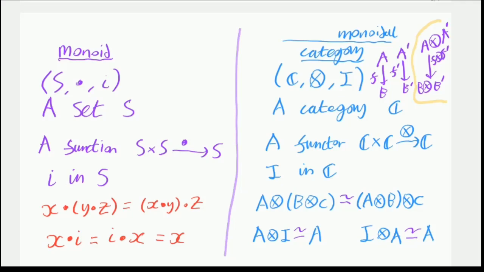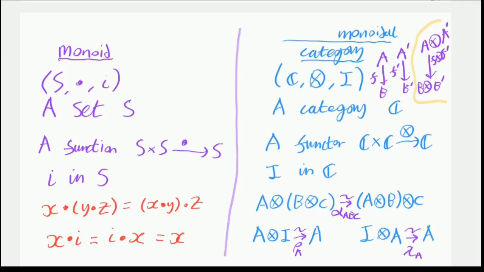And so this isomorphism from I times A to A, we have a name for it, and we normally call that lambda subscript A. And this other one, we usually call rho subscript A. And this kind of isomorphism here that gives us something like an associative law, we call alpha ABC.